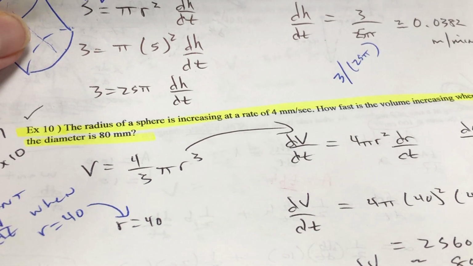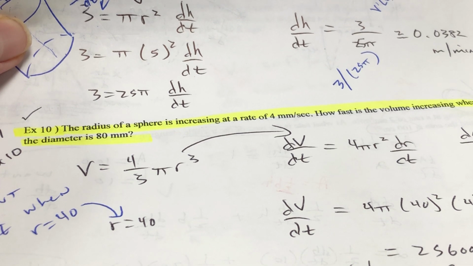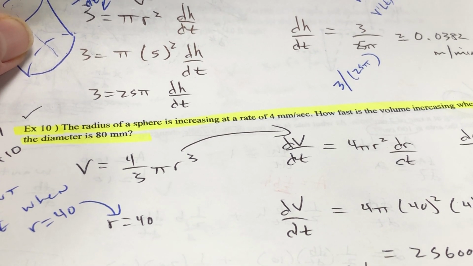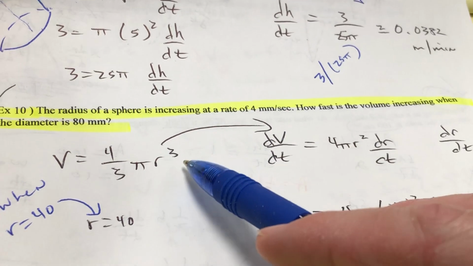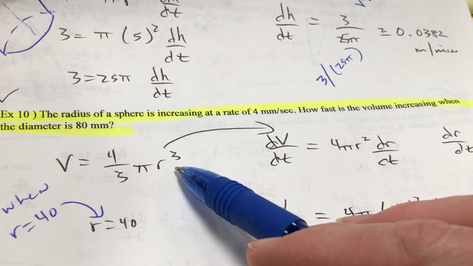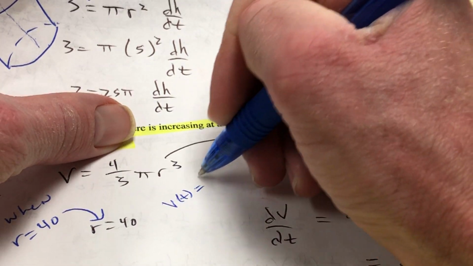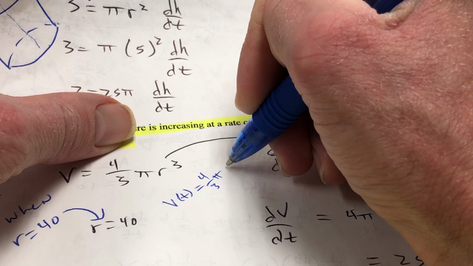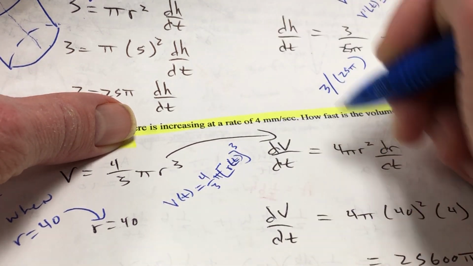All right, so we have to take the derivative. If we want dV/dt, we need the volume formula. Volume of a sphere, as we all know, is 4/3 pi r cubed. Again, you can think of it as V of t is equal to 4/3 pi r of t cubed.